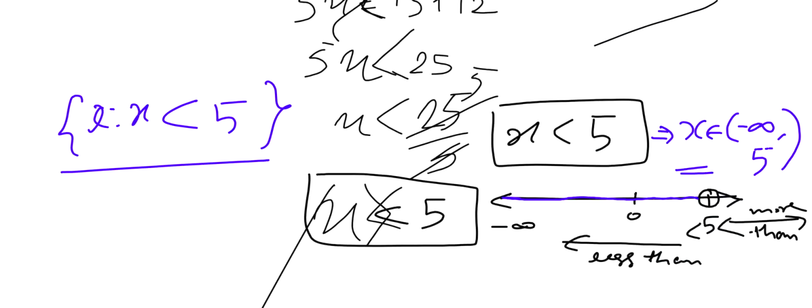So the solution can be written in three different ways. The colon is called 'such that' in math, and we read it as x such that x is less than 5. Got it?